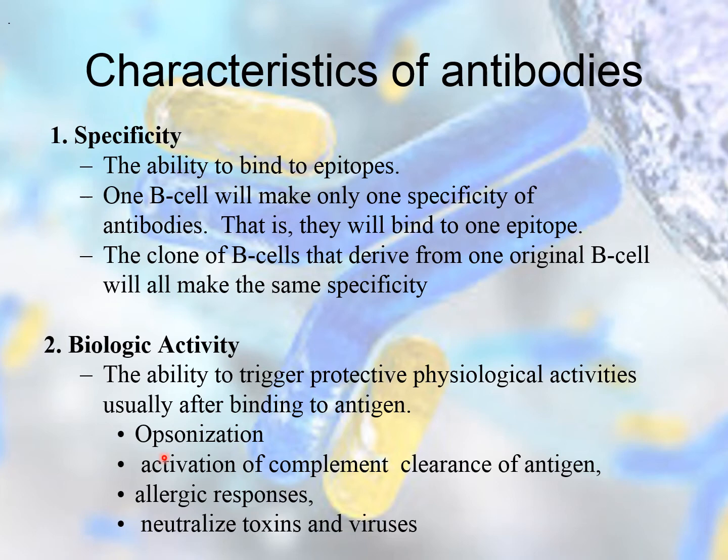Antibodies can facilitate phagocytosis by opsonization of microbes. They can cause activation of the complement system, which results in clearance of antigen. They can trigger an allergic response, and most importantly, they can reduce the virulence of microbes by neutralizing them and their toxins.